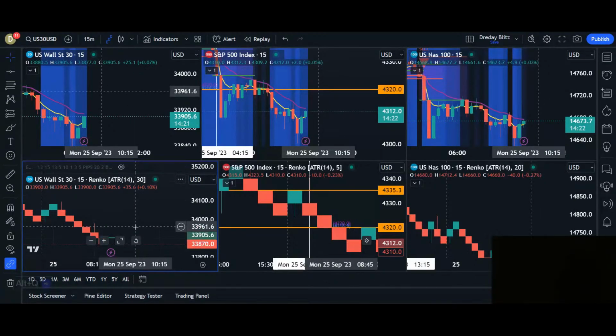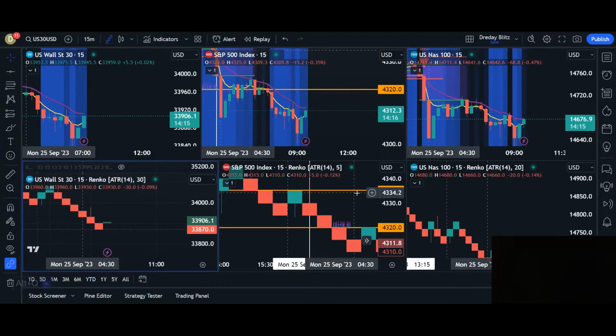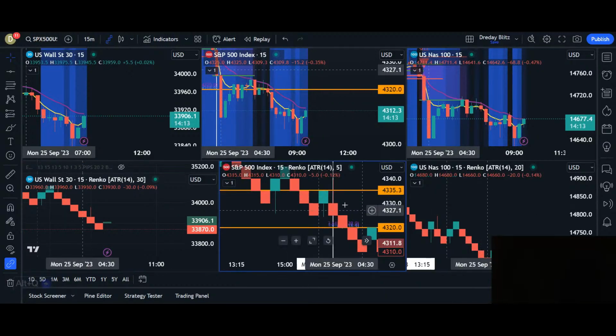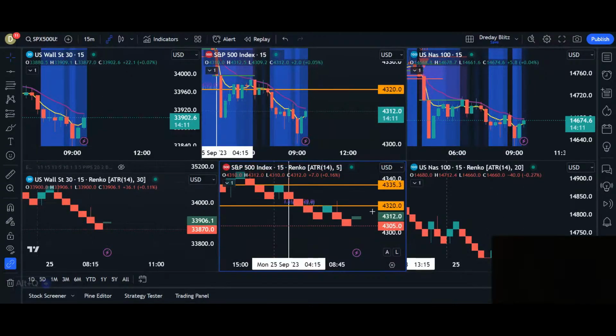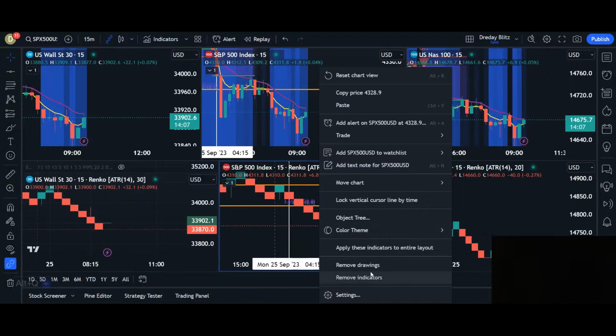So I'm expecting a bullish movement for today or even for the rest of the week, but we'll see about that. So let's remove the drawings.